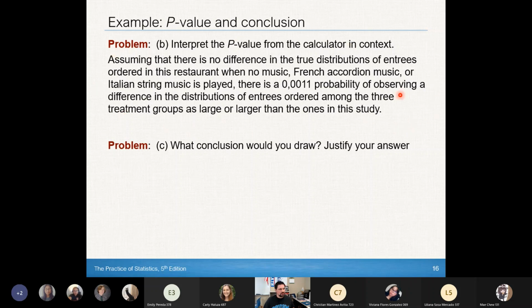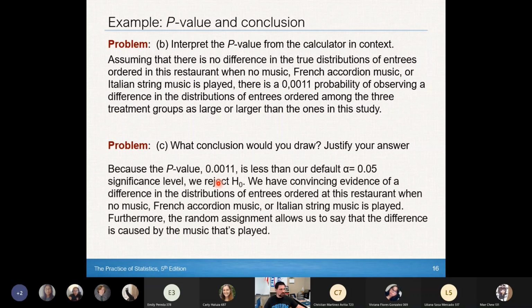So again, there's a 0.1% chance that we see a distribution with this large of a difference between the three treatments as we did in this study if the null hypothesis were true. Very, very small chance.